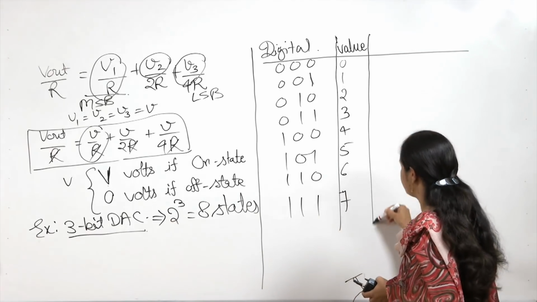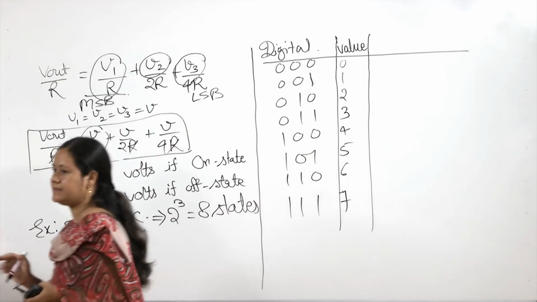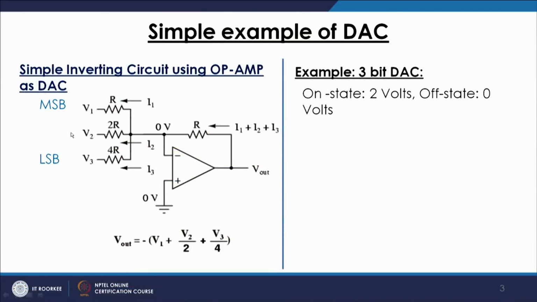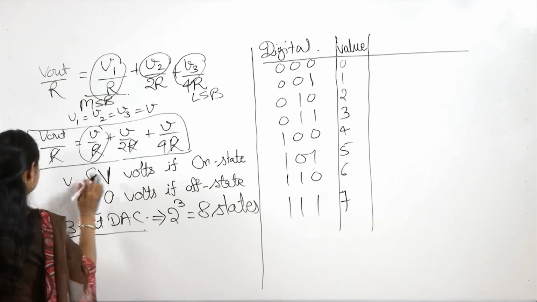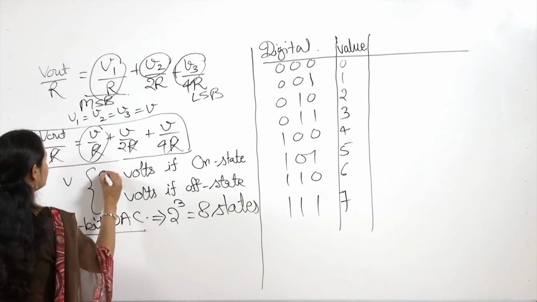Now, by applying this method for the 3-bit DAC, and this is the 3-bit DAC we are showing here, right? We have chosen our V to be equal to 2 volts. This V here, for this example, is 2 volts.